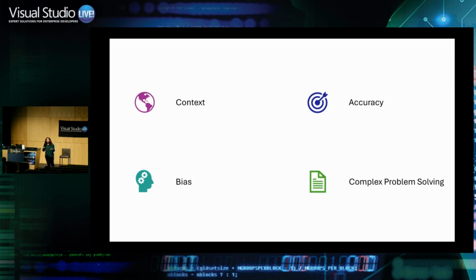It's trained on a lot of data that is full of bias, so it can perpetuate some of these biases. So what are you going to do to mitigate against that? And complex problem solving. This is something that we're working on. Like, how do we get it to do even more complex tasks, and how do we push it to that edge? That's why I said current, because we're trying really hard to figure out, can we have it do more, especially with agents, for example.